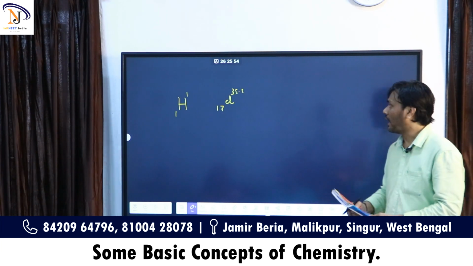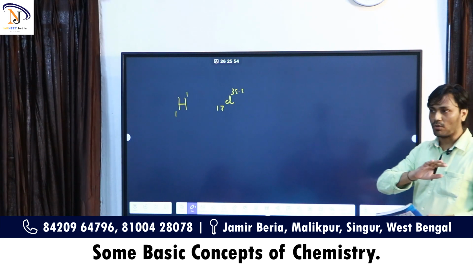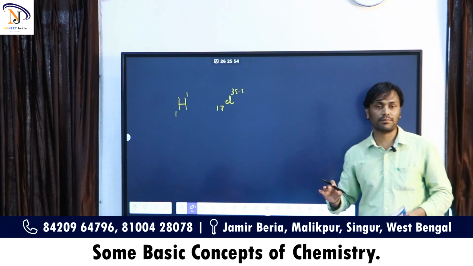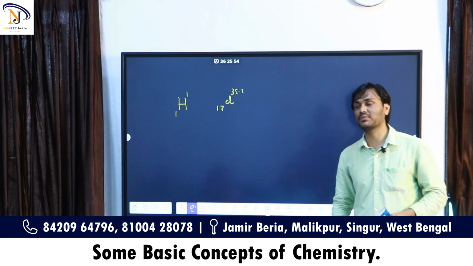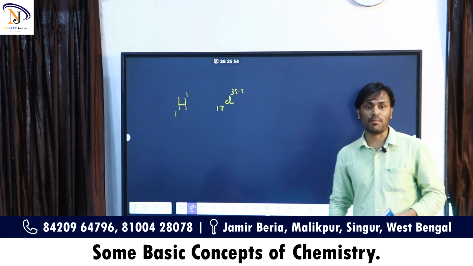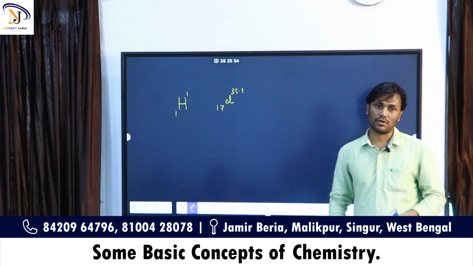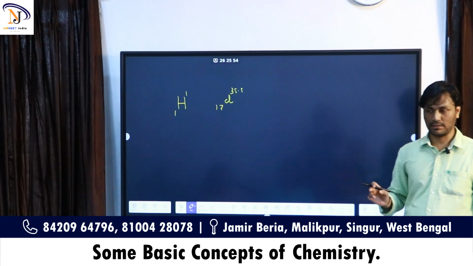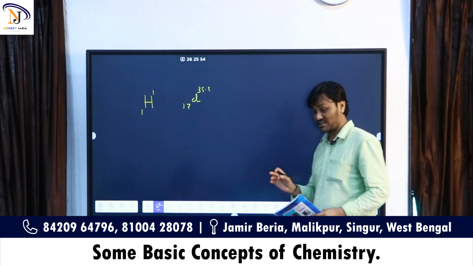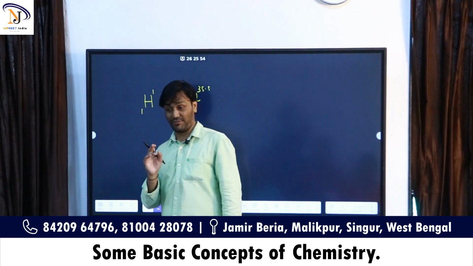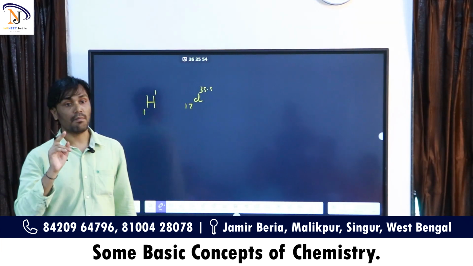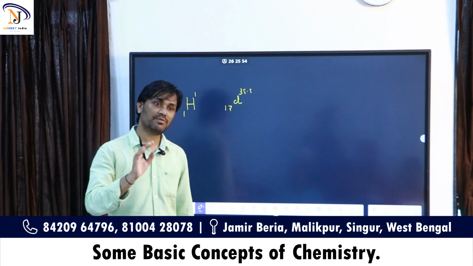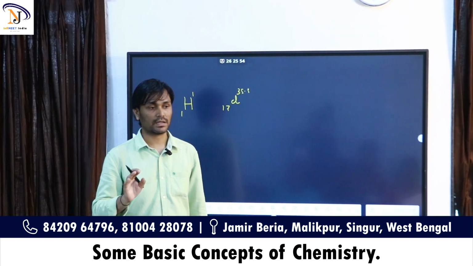That is why hydrogen, chlorine and all the elements have a mass number that is an integer, not a fraction. When there is a fraction, you have to understand it is referred to as atomic mass. Atomic mass may be a fraction, but mass number cannot be.